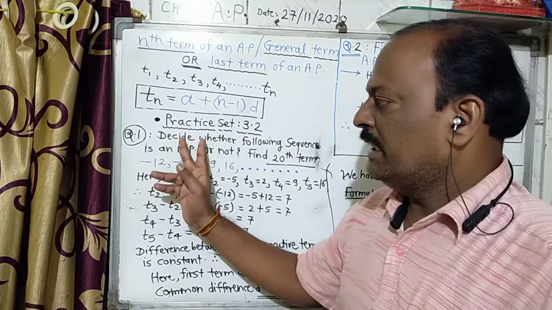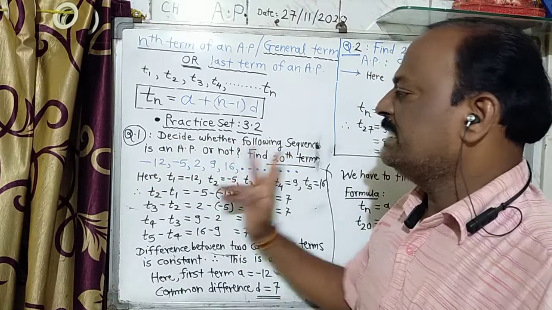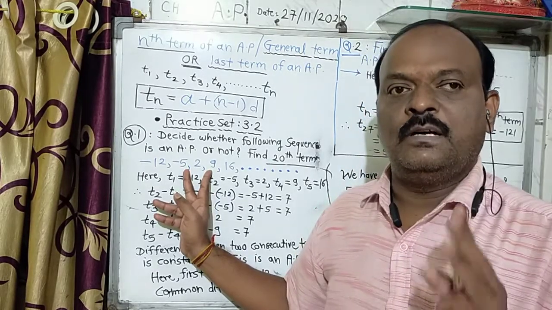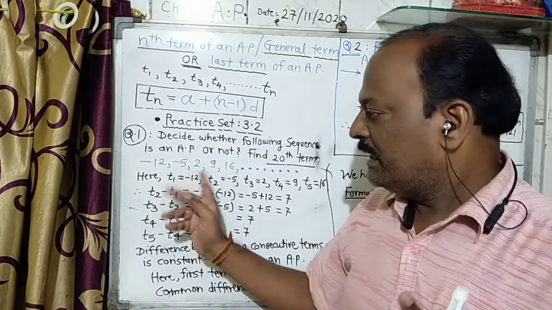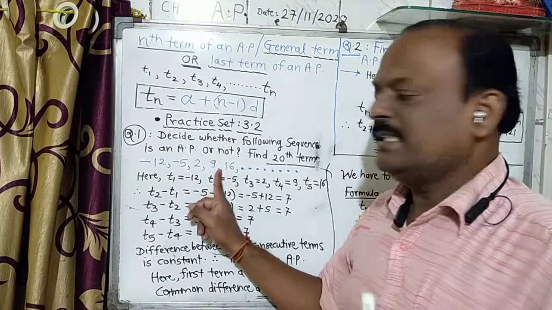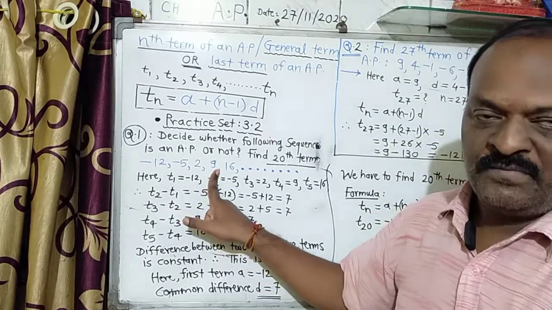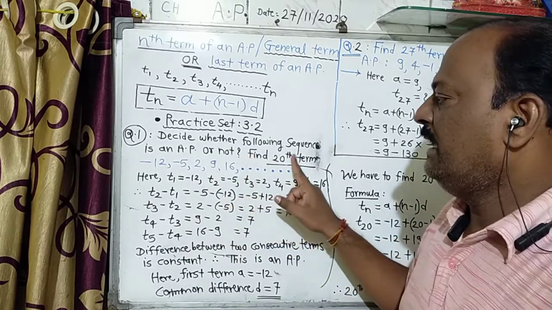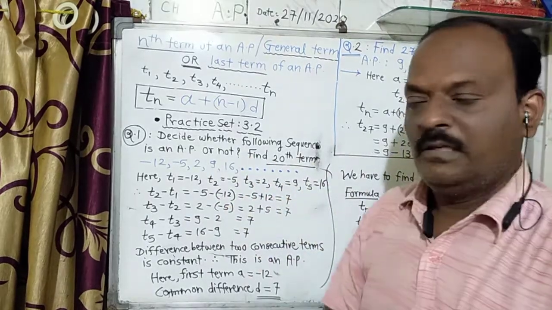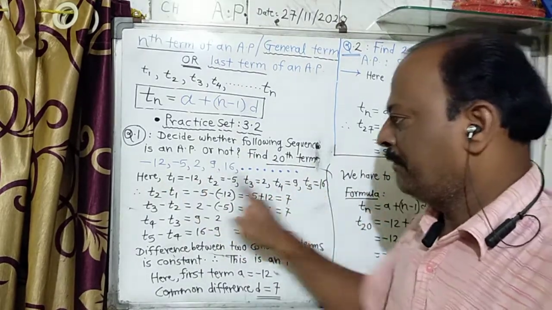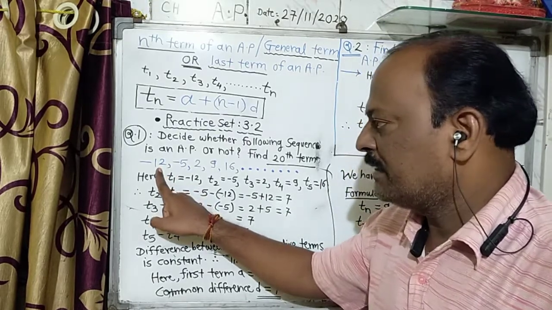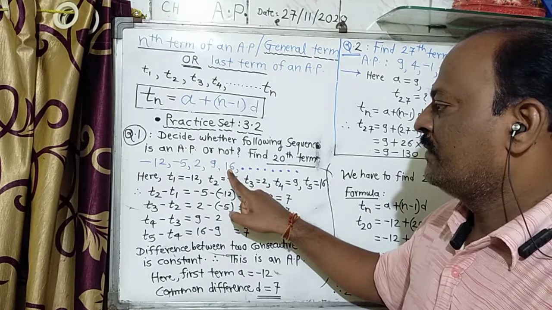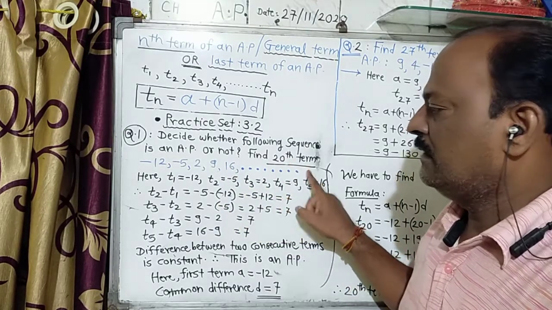The question is: decide whether the following sequence is an AP. You have to first decide whether the given sequence is an AP. If it is an AP, then find the 20th term of this AP. This is the first term, second term, third term, fourth term, fifth term. We have to find the 20th term.